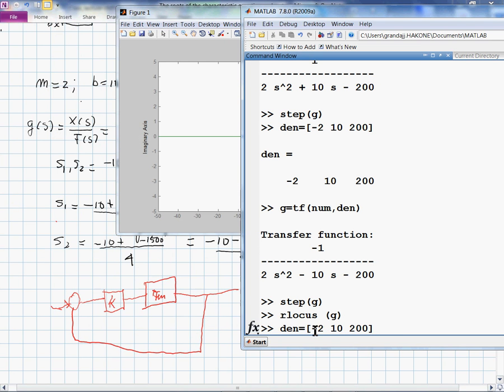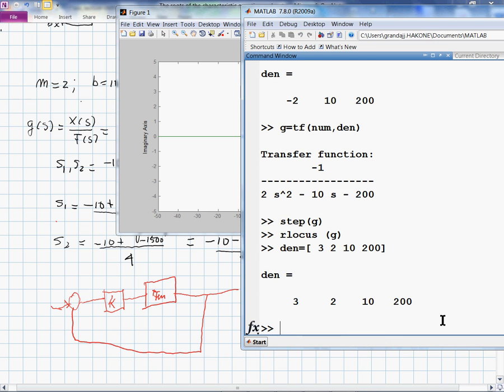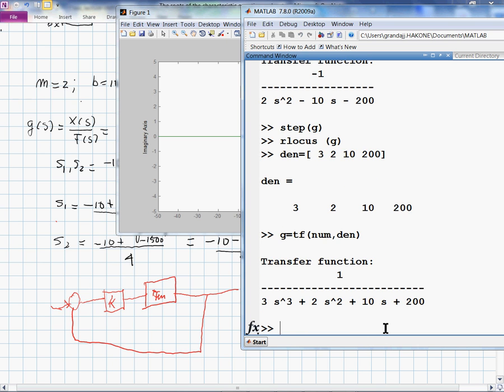The transfer function obviously is going to have a difference. See, there's a new transfer function, and the root locus of this is going to be very different. You see, it has 3 roots now, 2 on the right hand side, 1 on the left. This system would be bad news.